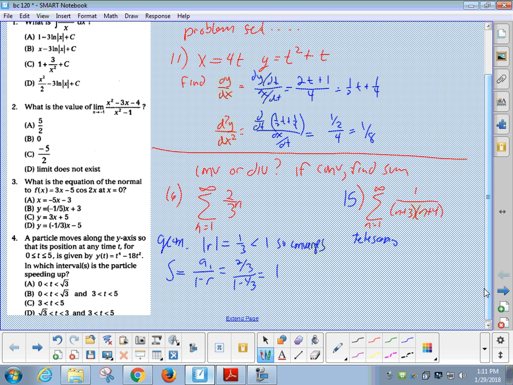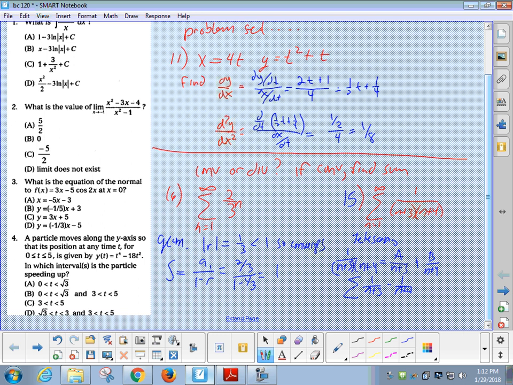That said, what's the approach if it's telescoping? We decompose it. 1 over (n plus 3)(n plus 4) equals a over n plus 3, plus b over n plus 4. Assuming you decompose that well, it decomposes to 1 over n plus 3 minus 1 over n plus 4.